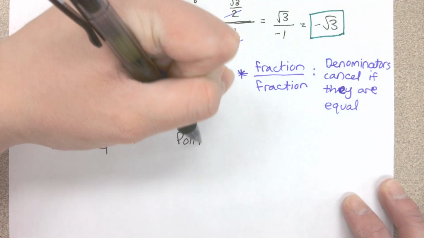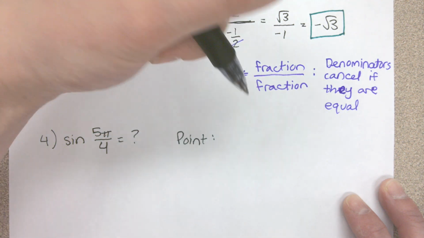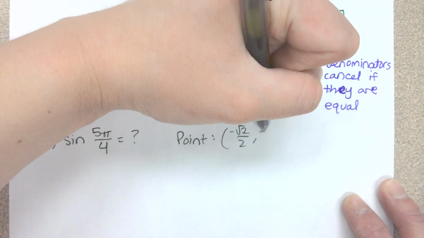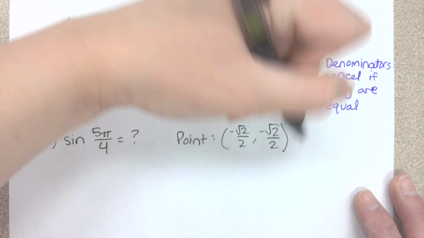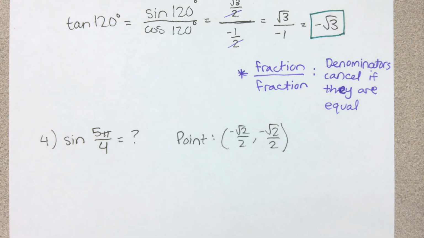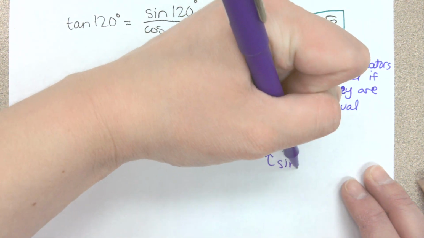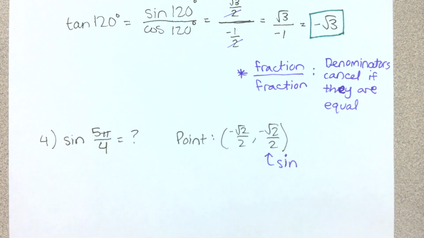The point at 5 pi over 4 is negative square root 2 over 2, negative square root 2 over 2. And we want the sine value. Luckily for us, sine and cosine are equal here, so if you happen to look at the wrong one, you'll still get the right answer. That does not happen often.